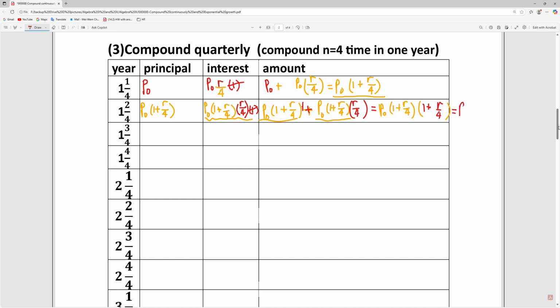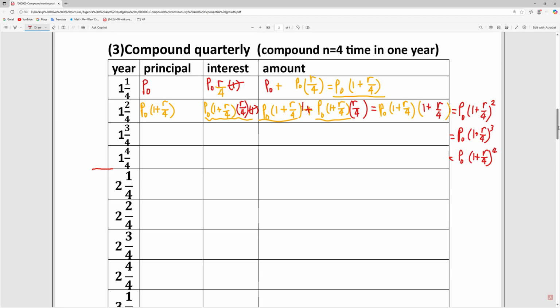So you have P0 1 plus R over 4. You have how many times? 2, because that's the second time. Okay. Now copy down the same thing. Third time you have P0 1 plus R over 4. Third. Okay. So at the end of the first year, then you have P0 1 plus R over 4.